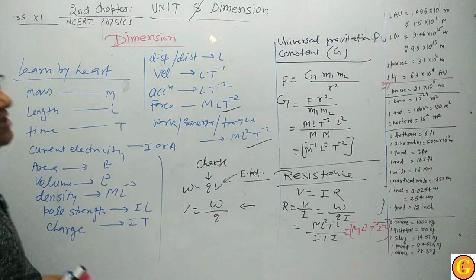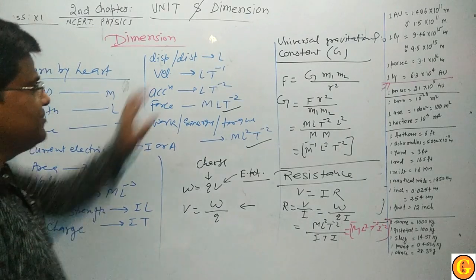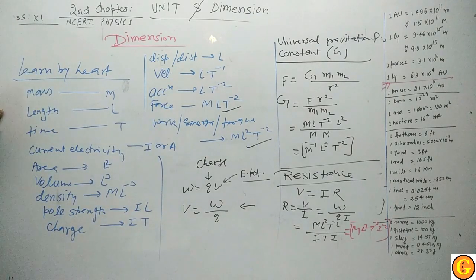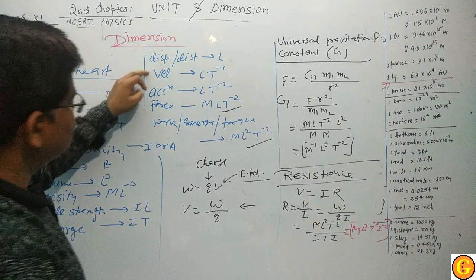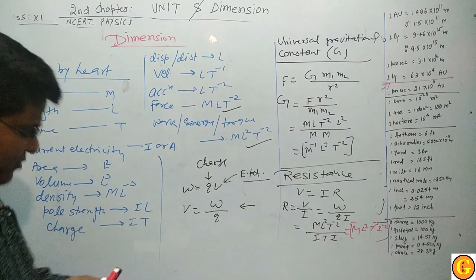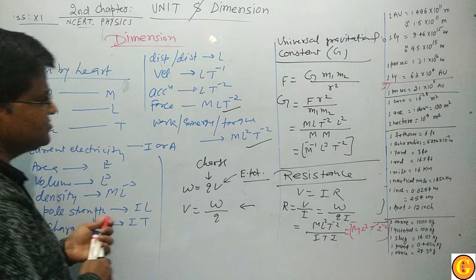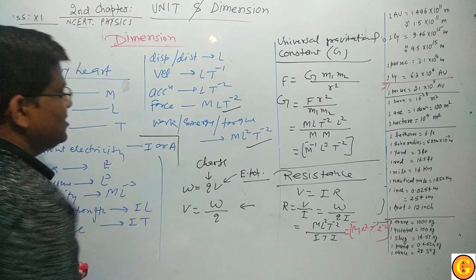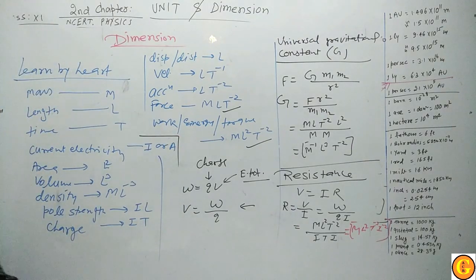Means all physical quantities can be found with the help of these. Only 14 I have provided you, the dimensions of these physical quantities. You learn by heart and derive the 94.